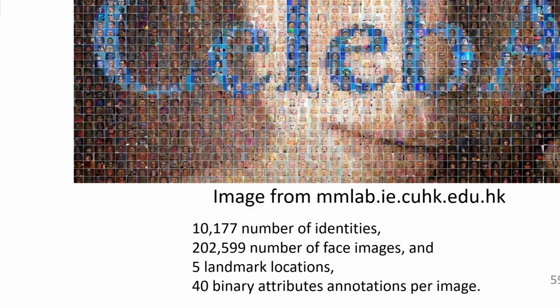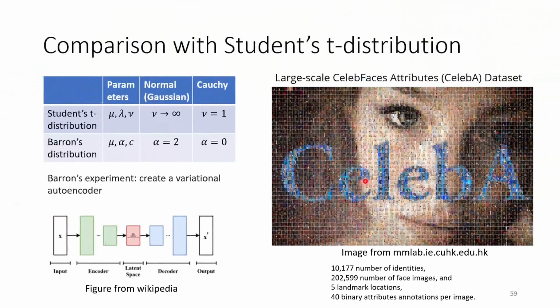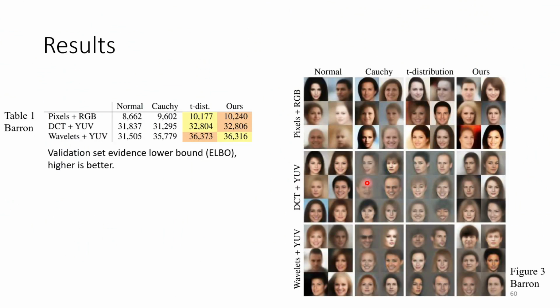Then, using this dataset, Barron created a variational autoencoder. In the beginning, the input is a face image. So how do we convert the face image into a representation? There are several different ways.